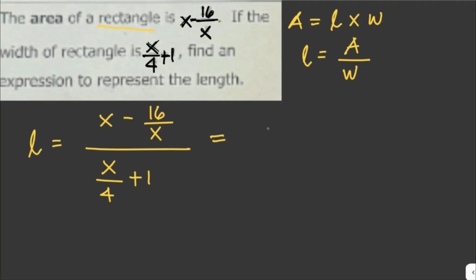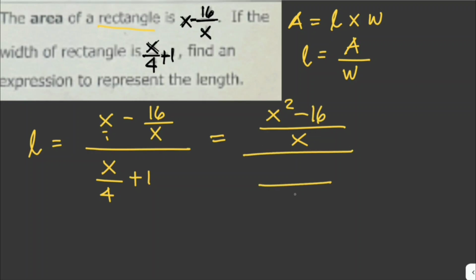We just get the LCD. The LCD here is x, so x times x will be x squared, then minus 16. And for our denominator, our LCD is 4, so it would be x plus 4.